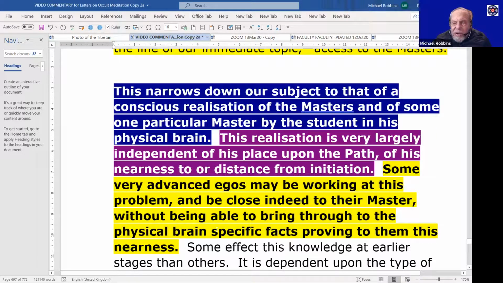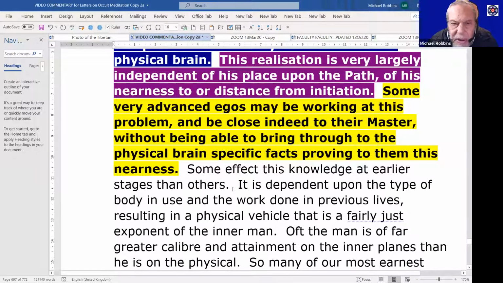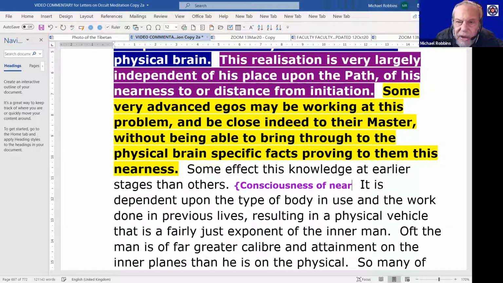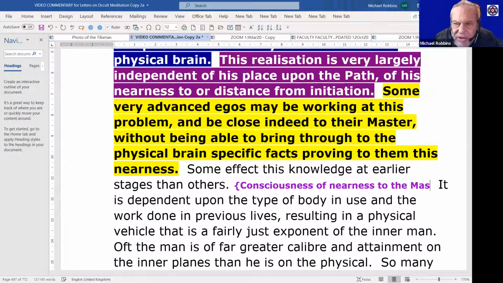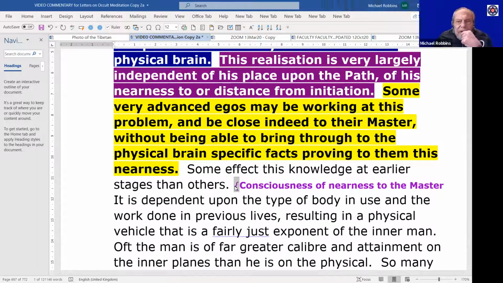Some effect this knowledge at earlier stages than others, i.e., consciousness of nearness to the master. It is dependent upon the type of body in use, so we can never say that although the body is not a principle, it is insignificant.